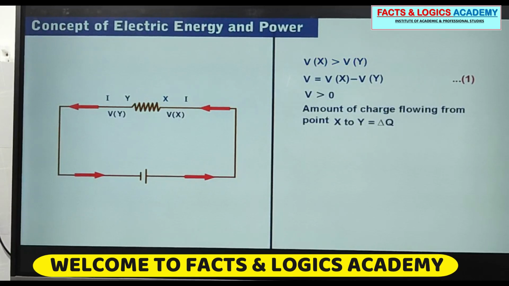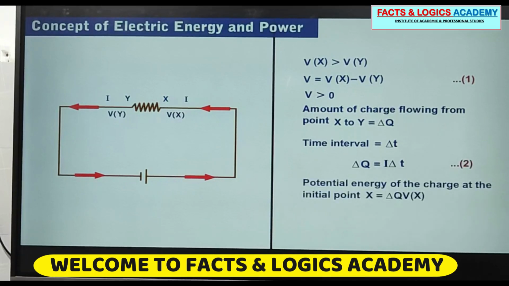Let the amount of charge flowing from point x to y be delta q in the time interval delta t. Delta q can be expressed as the product of I delta t. Let us label this as equation 2. The potential energy of the charge at the initial point x is delta q Vx.